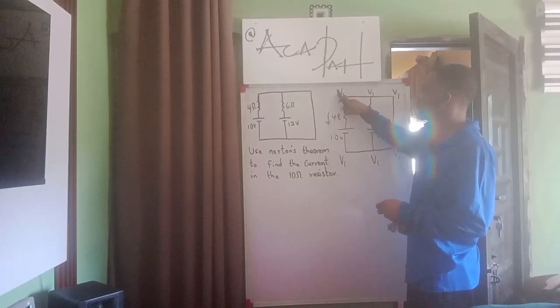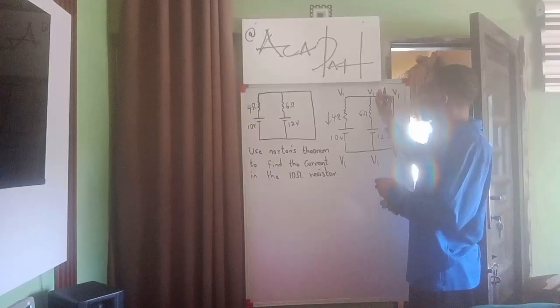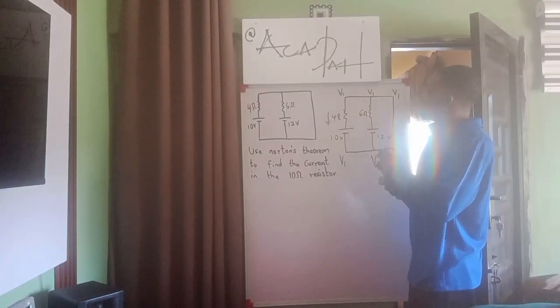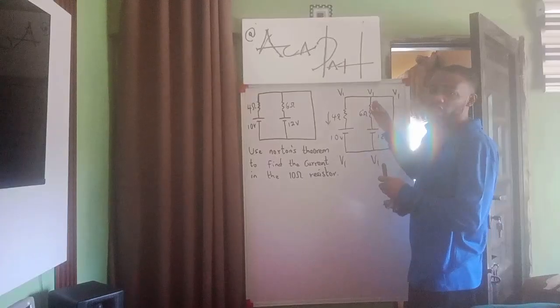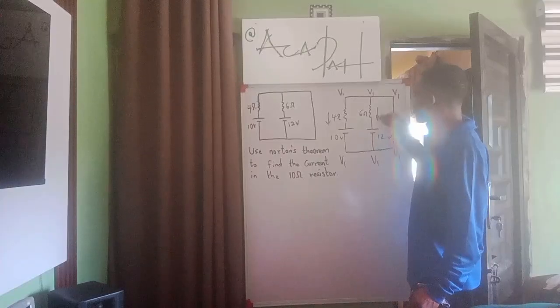That means it's having V1 and it's still V1. Then on this other side, since it's the same node, the voltage is the same. But all I'm going to be considering now is the direction of current. So this is positive, it enters through the positive and leaves through the negative, so it's going down.